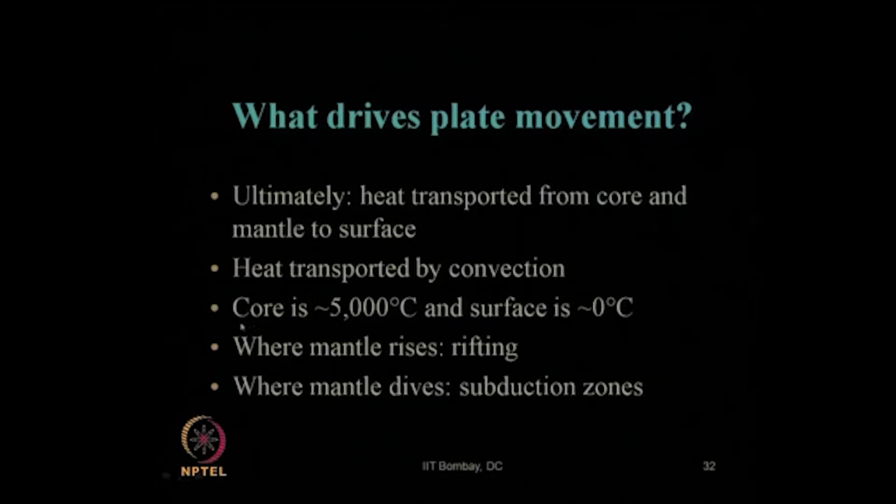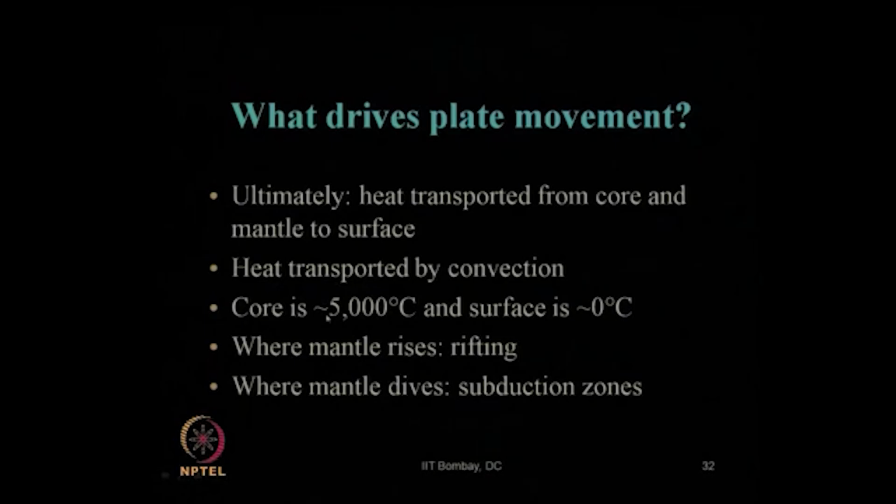Typically, the temperature of the earth's core is about 5000 degrees centigrade, and the ground surface is close to about 0 degrees. So, you can see the wide range of variation between the earth's interior and the ground surface, and that huge temperature difference causes heat energy to get transported from the core to the surface through the intermediate layer of mantle by the process of convection.